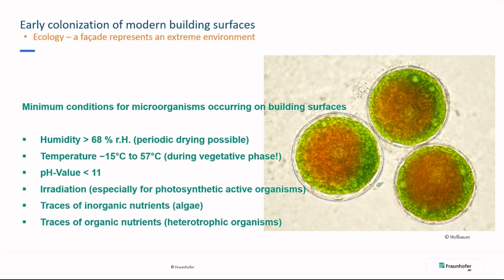The temperature just depends on what organism you have. The minus 15 degrees are, I think, from an alga that also lives in the Antarctic. And there are also some fungi like Penicillium which can go below zero, and they can do that because they have so-called compatible solutes in their cell sap, or they have some other compounds that are diluted, and so they can stay active below 0 degrees.